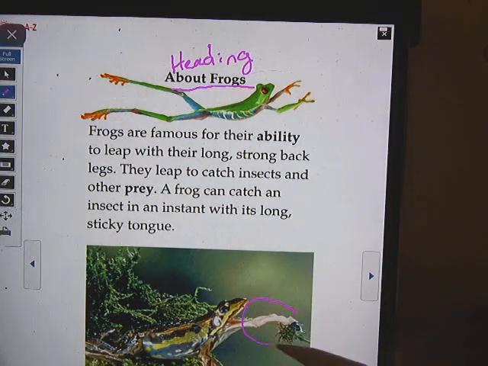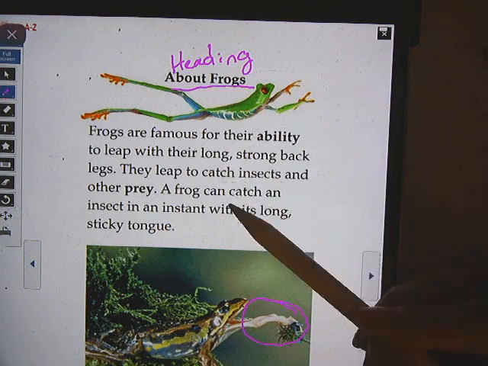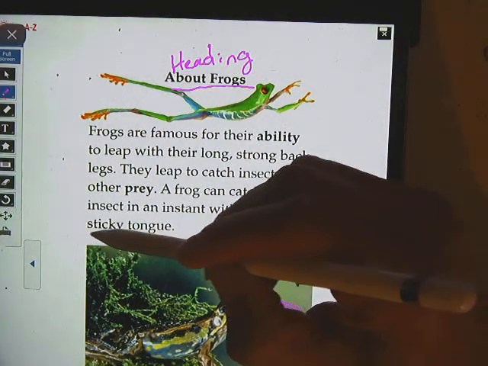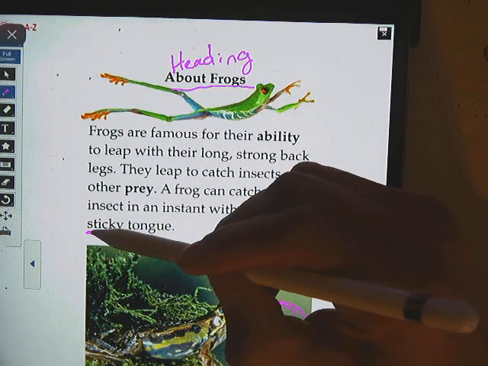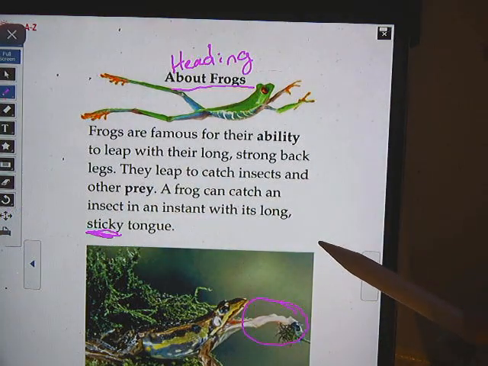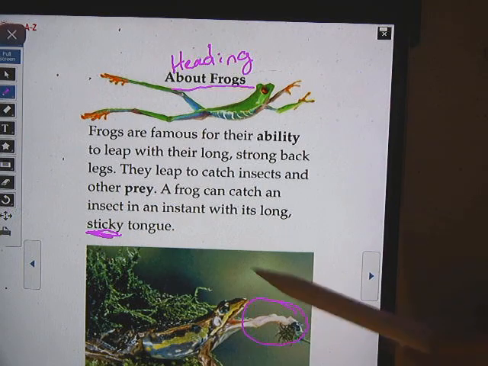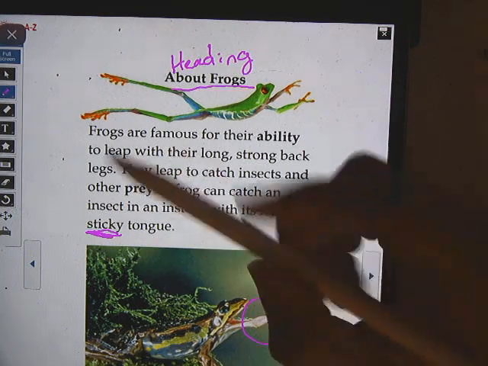Then it sticks out its tongue, and the tongue is described as sticky. When something's sticky, things get put on the tongue and are unable to get away because it's almost like glue. All right, sticky. And it can do it in an instant.